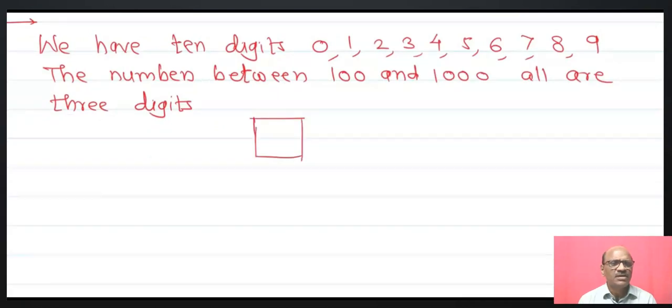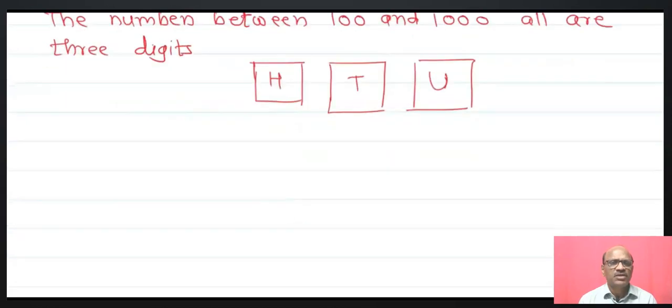The 101 up to the 999. 100 place, 10 place and the unit place. And we'll form by using 0, 1, 2, 3 up to 9.